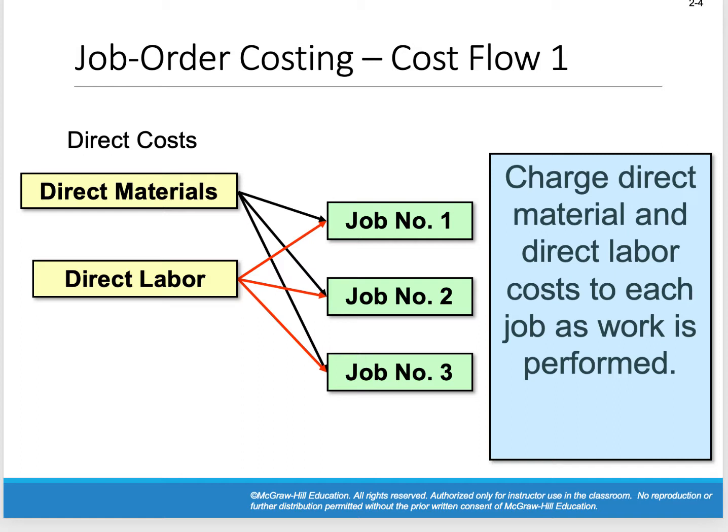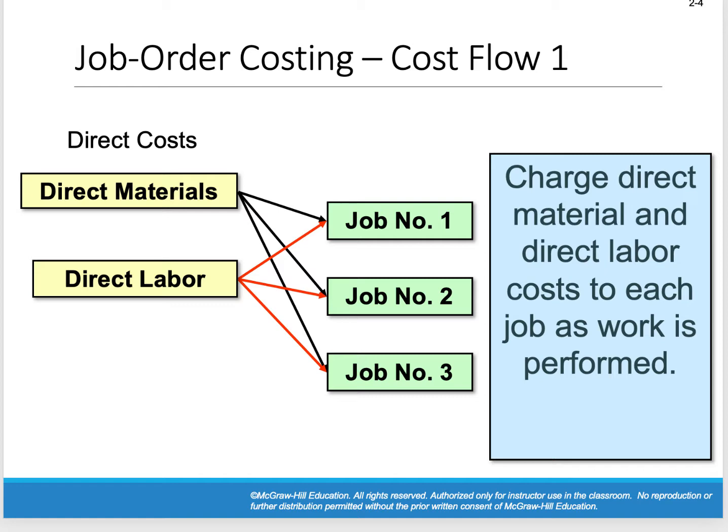So, direct material and direct labor. Those are direct costs. They are easily and conveniently traced to a job or to a specific unit of production, okay? So we have our direct material and direct labor, right? We can charge those to each job based on the amount of work each job consumes, right?